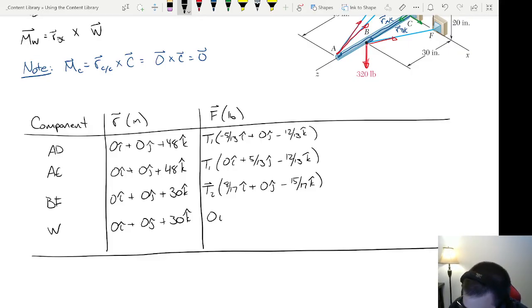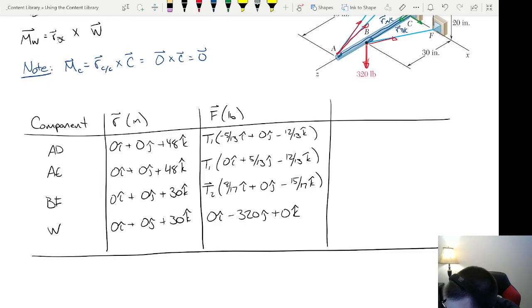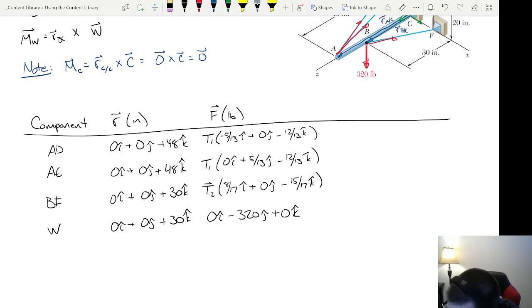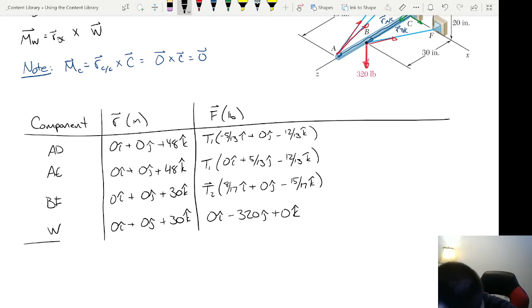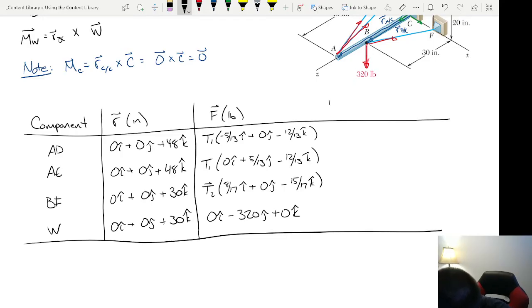And then this one is 0I minus 320J plus 0K. All right, so there's our force vectors. Actually, let me see if I can squunch that up a little bit. That's a little neater.